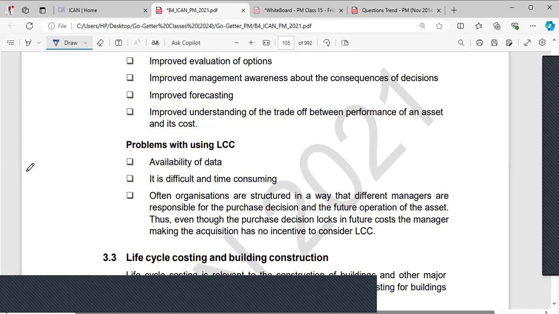So the process involved is difficult and time consuming. Often organizations are structured in a way that different managers are responsible for the purchase decision and future operation of the asset. And so because they are different in management, they may have different considerations.